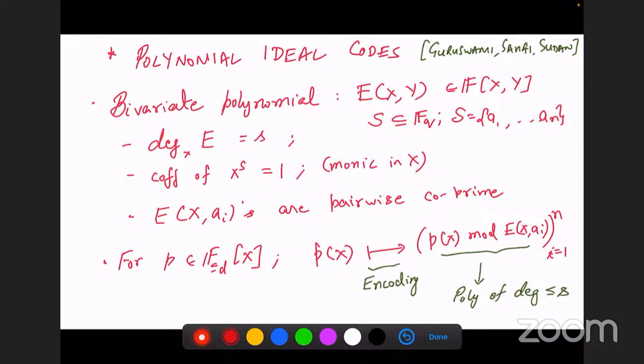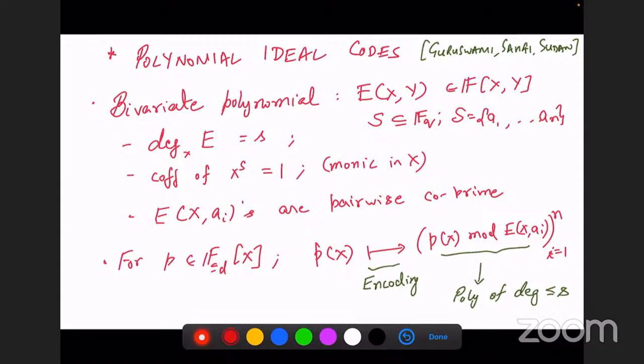That is, find the remainder of P(X) when divided by E(X, a_1). So these are all univariate polynomials, so we can even just apply Euclid's algorithm. And that remainder polynomial is the encoding function, and then you give this at all the points of evaluation as i varies from 1 to n. So if there are any questions, please interrupt me, or otherwise I'll take some examples also to make this definition clear.